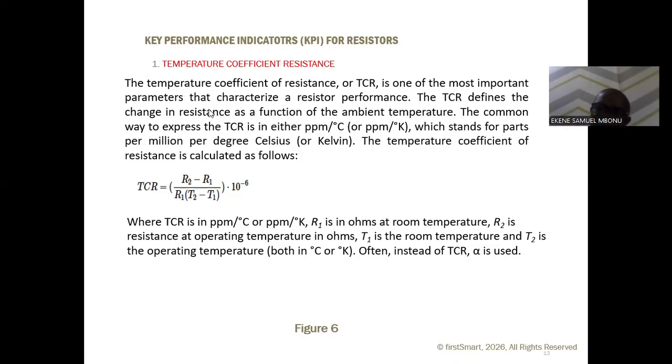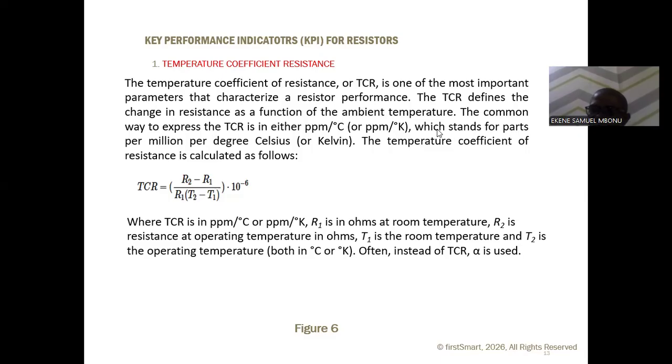Number one KPI for resistors is what is called temperature coefficient of resistance, TCR. The temperature coefficient of resistance, or TCR, is one of the most important parameters that characterize the resistor performance.